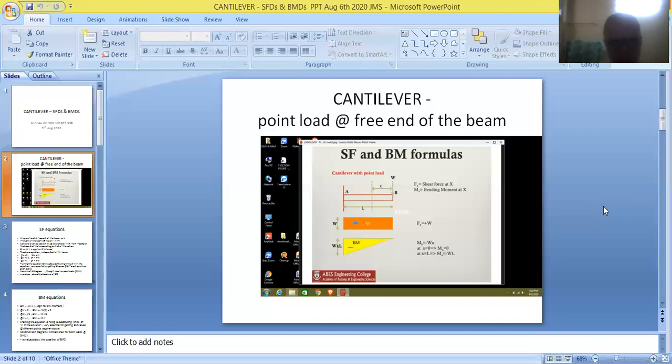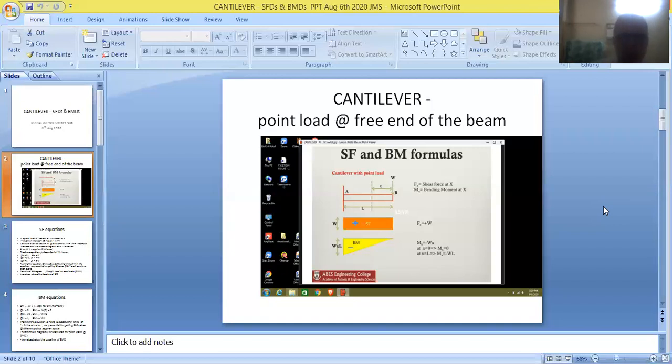Naturally, SF values are used for constructing a shear force diagram, and BM values are used for constructing a bending moment diagram.